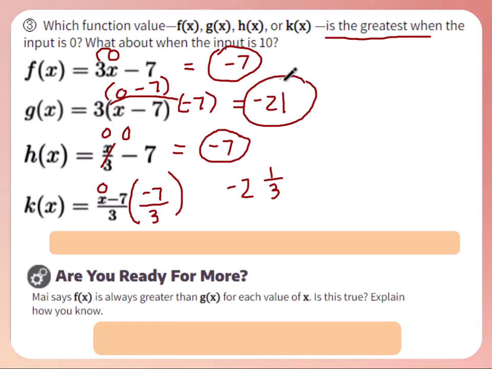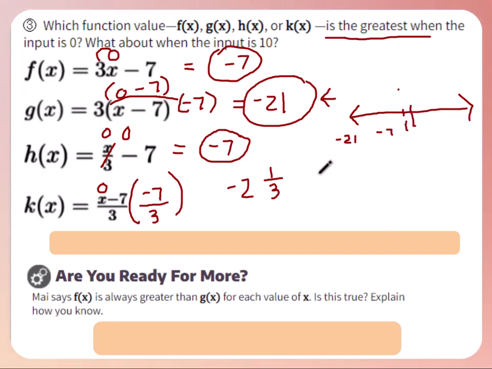Okay, so which one of these is the smallest? It's going to be negative 21. If you think about the number line, negative 21 is way over here. Then comes negative 7, and then negative 2 1/3 is right here.